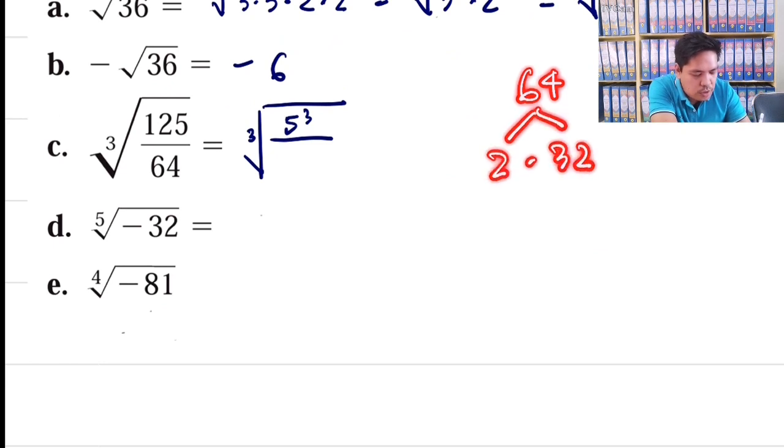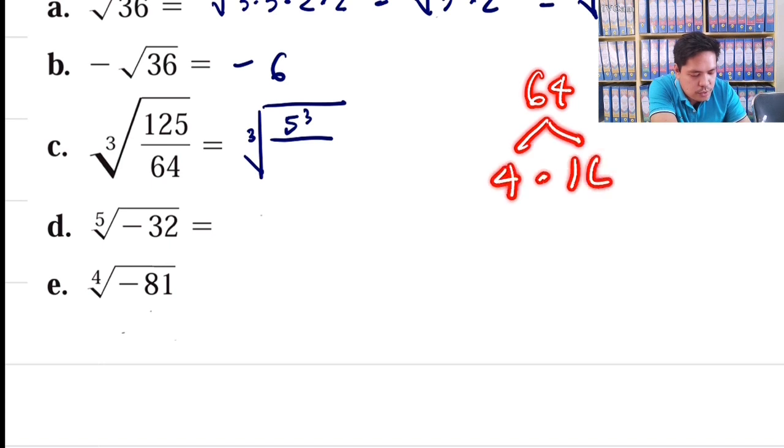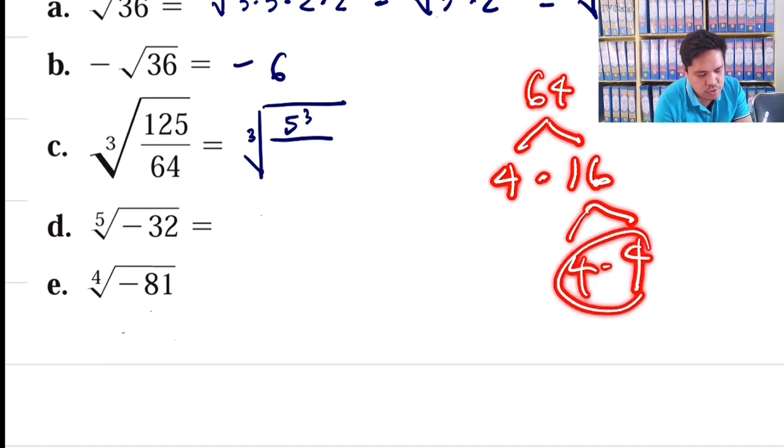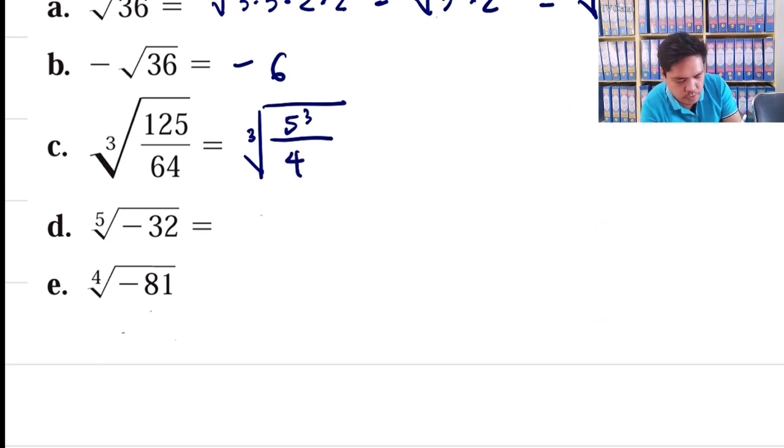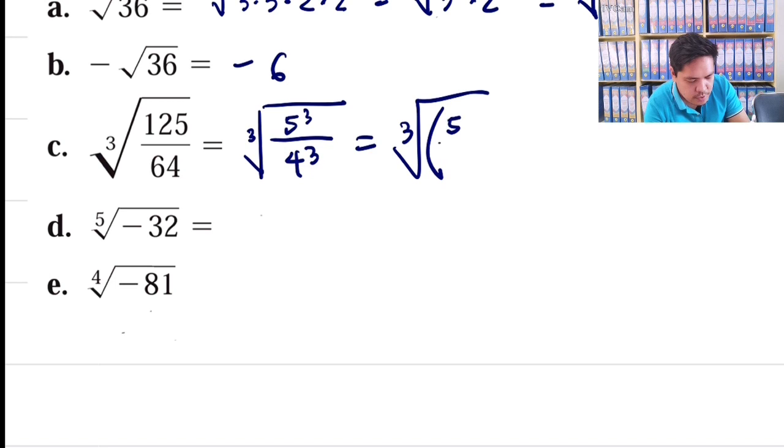Or how about in terms of 4 na lang? 64 is 4 times 16. Correct? Tama, di ba? And 16 is 4 times 4. So, 64 is 4 cubed. 4 times 4 times 4. So, 4 cubed. Or we could rewrite this as 5 over 4.